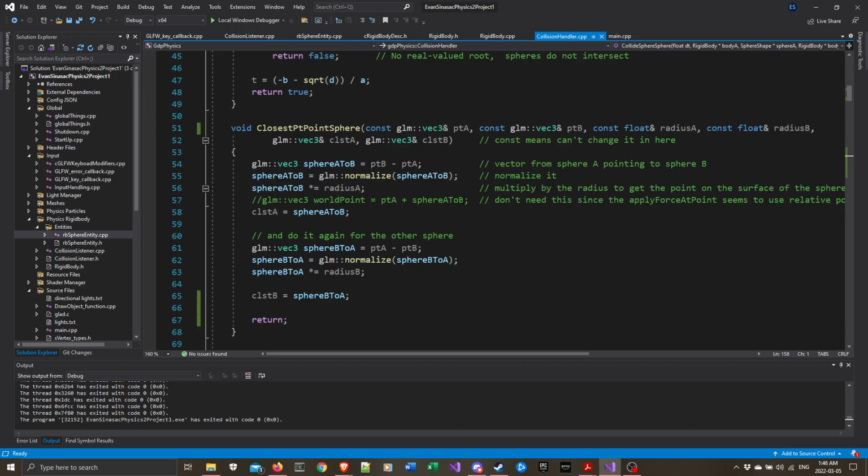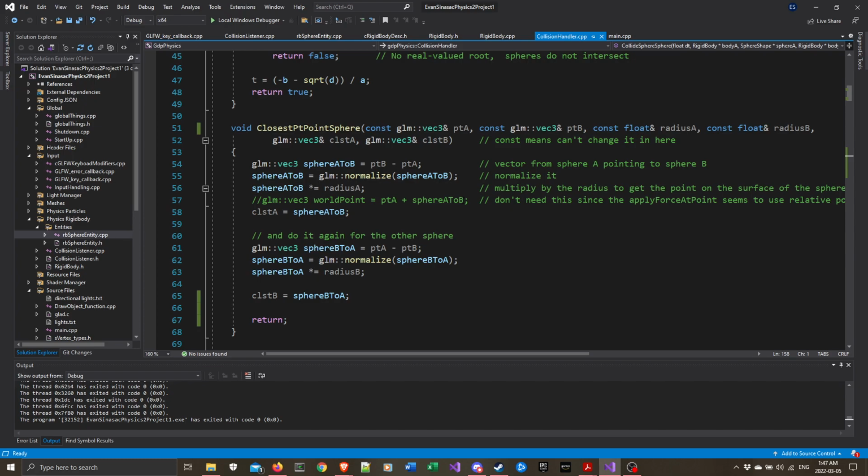Honestly, I'm thinking about it, and how would you apply friction between two spheres? Actually, that's what you would use the angular velocity for.